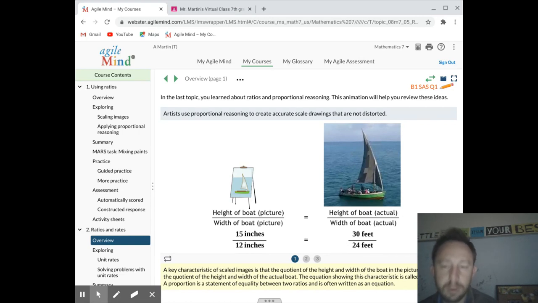Two. Correct. So the picture is half the size of the actual boat, right? No, I'm just kidding. Look at it closely. It looks like it would be. Yes, it's way bigger because we're working with inches now in the drawing, not what? Feet. Yeah, so there's really a big difference. All right. But is that a scale drawing though?